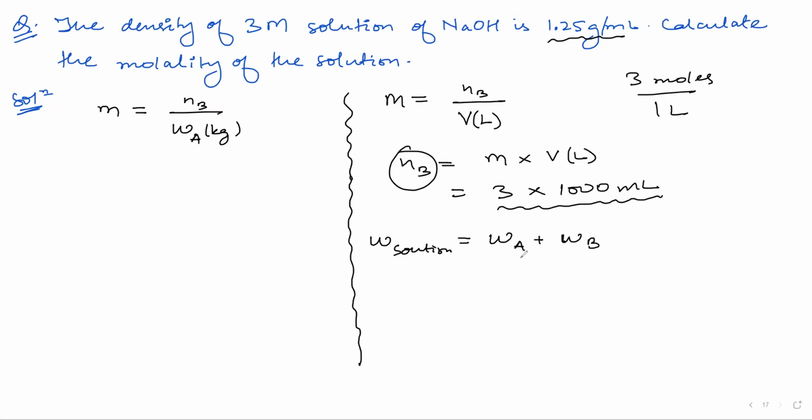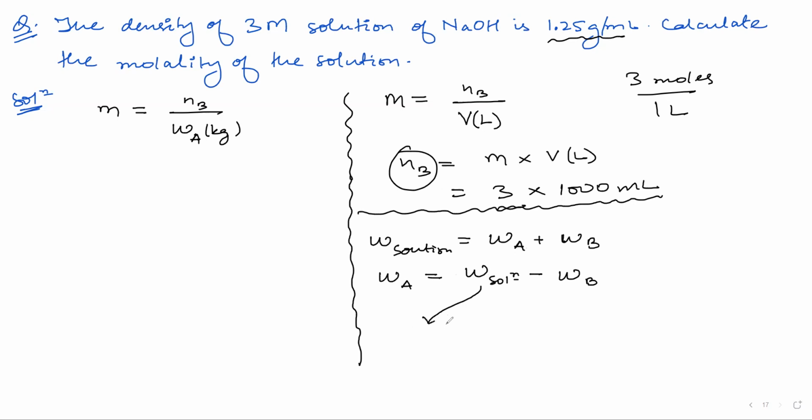So I can say mass of solvent WA is equal to mass of solution minus WB. Any doubt till here? Anyone? No? Okay, fine. Now listen to mass of solution here.